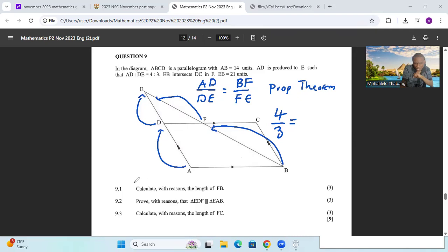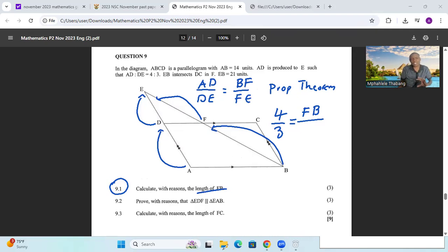equals, I'm now attempting 9.1, where they say calculate the length of FB. So FB or BF, I need it. So I will say FB over, unfortunately, I don't have the value of FE.